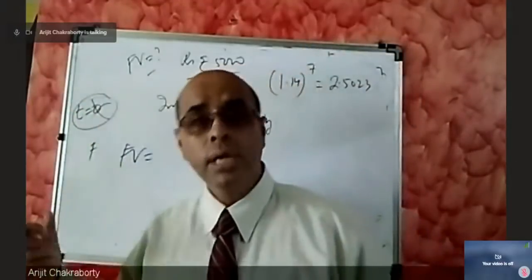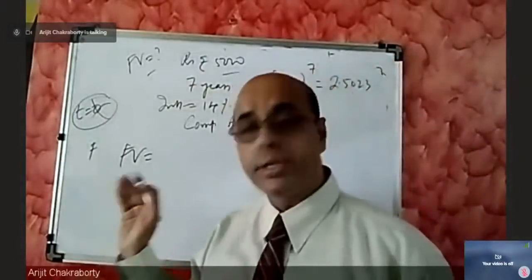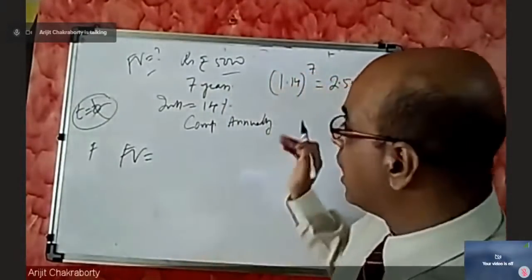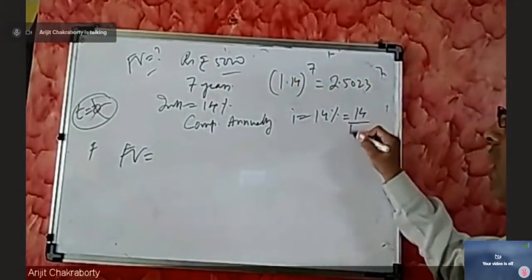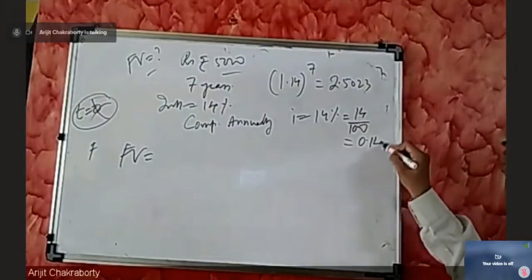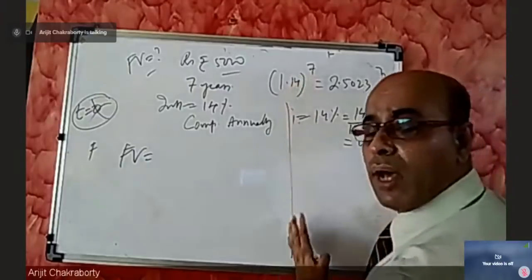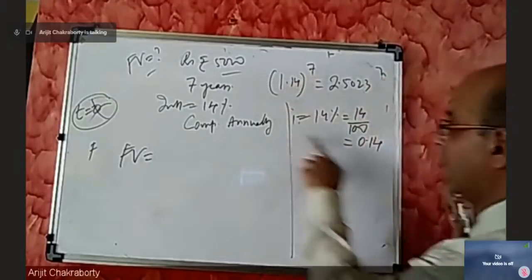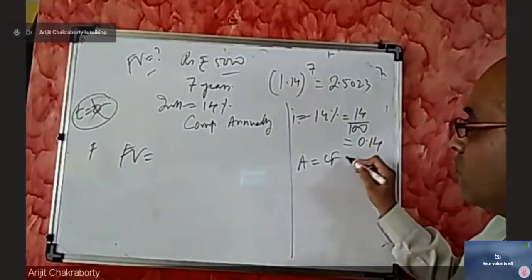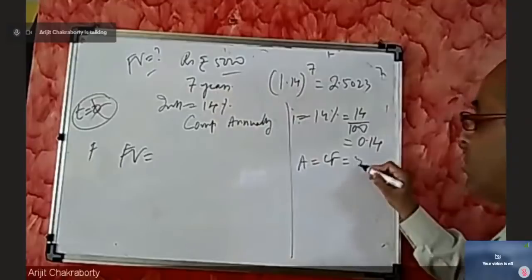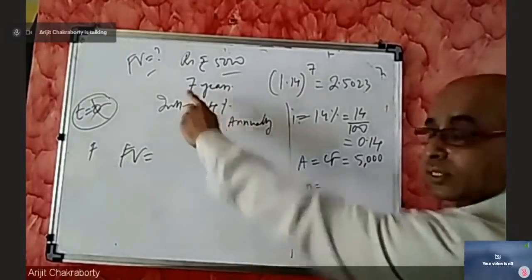Therefore, it is assumed to be an annuity regular. The annual payment is 5,000 rupees. i is equal to 14%, that is 14 by 100, that is 0.14. This is my scratch pad. So i is 0.14, A, the cash flow, is 5,000, and n is 7 years.